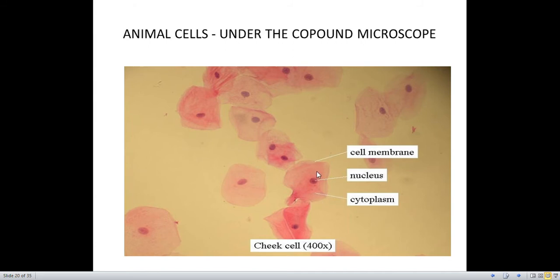You will be able to identify the cell membrane, the nucleus and the cytoplasm, the jelly-like substance in the cells. Cell membrane, nucleus and the cytoplasm will be able to identify in animal cells.